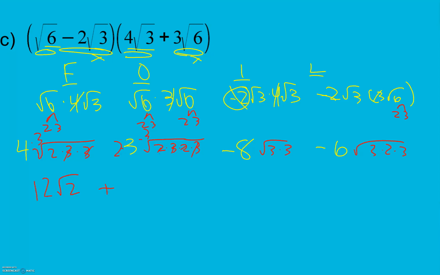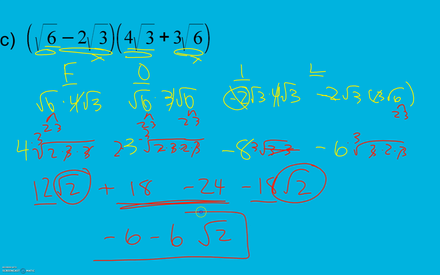So here I just get 18. Pair of 3's comes out as a 3. I just have 24. Pair of 3's comes out as a 3. And I have that square root of 2 left. Combine like terms, negative 6. Same radical part, so they go together. And 12 minus 18 is also negative 6. So negative 6 minus 6 times the square root of 2. And I'm going to pause here and I'll finish in another video.